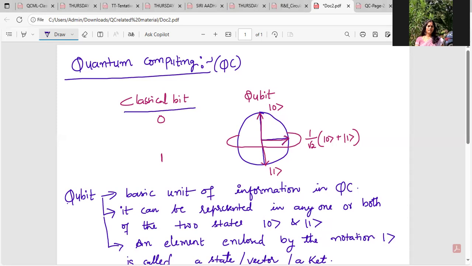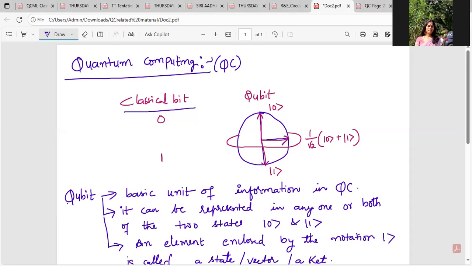A computer understands only one language, that is the language of zeros and ones. All of us know about it. A bit can either be zero or one. Usually zero symbolizes false, and in Boolean algebra, zero is false and one is true. Only this language a computer understands.